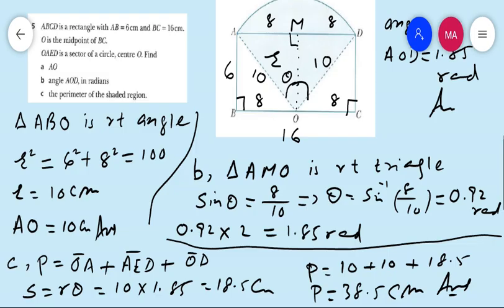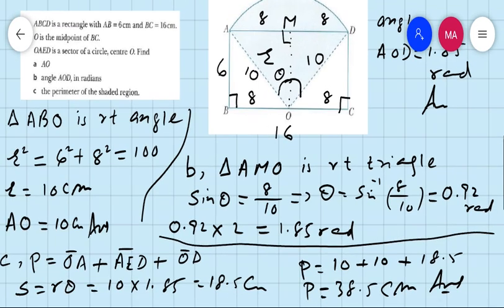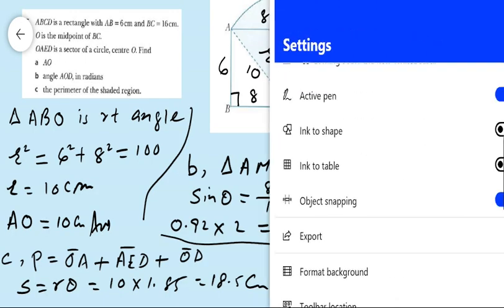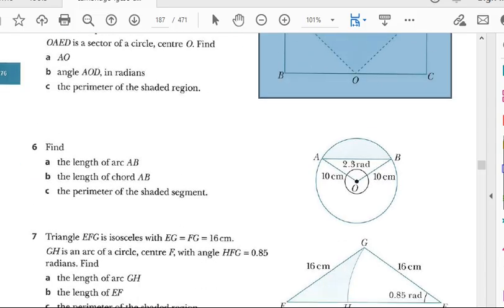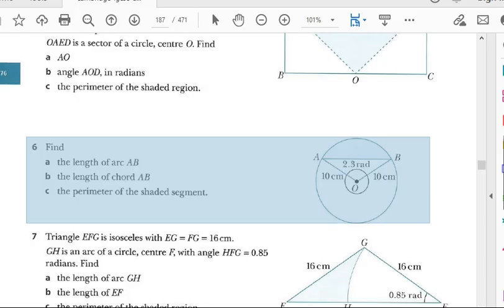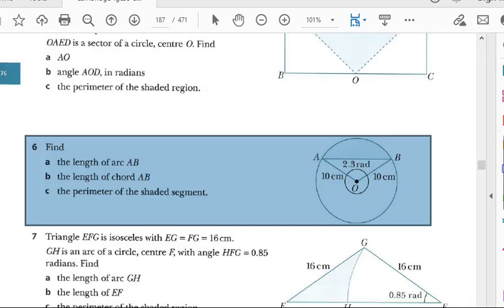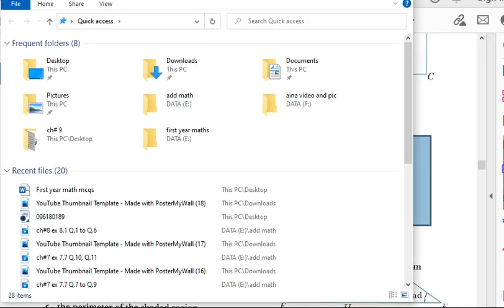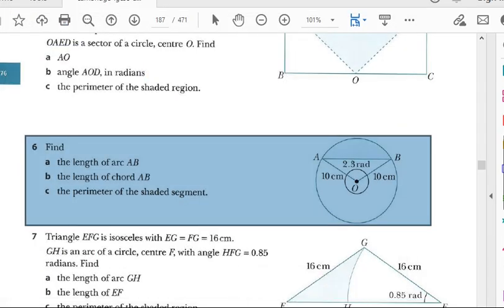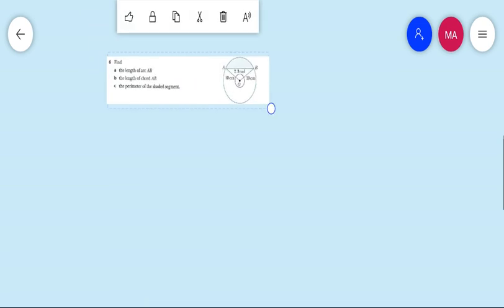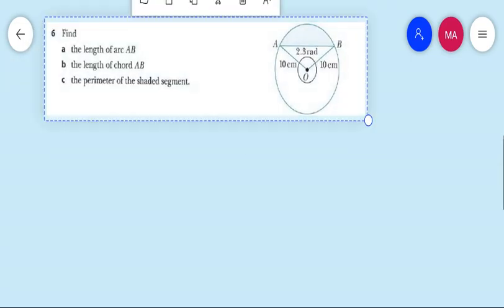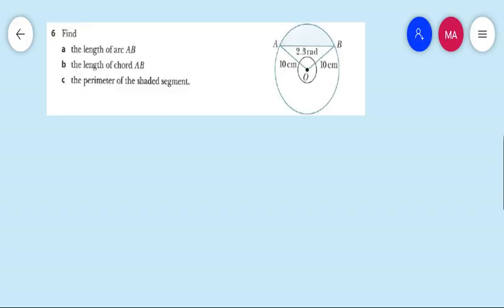Let's start question number 6. Question number 6, part A. Find the length of arc AB.